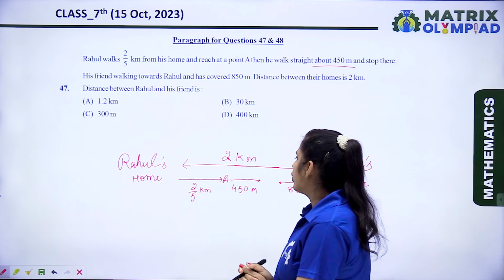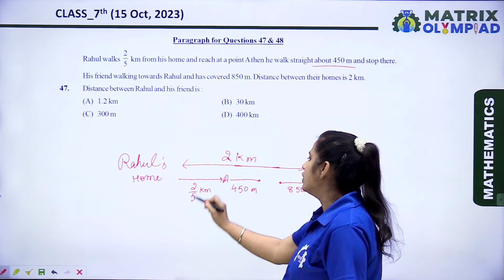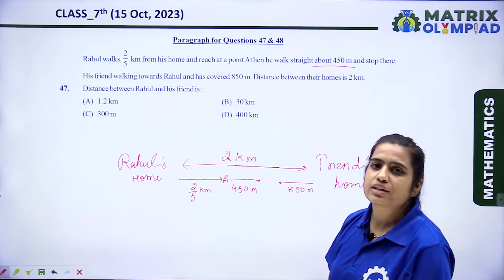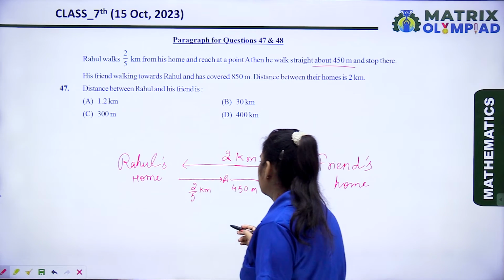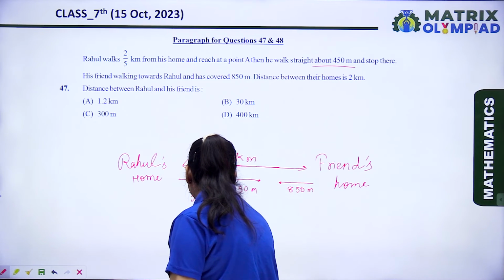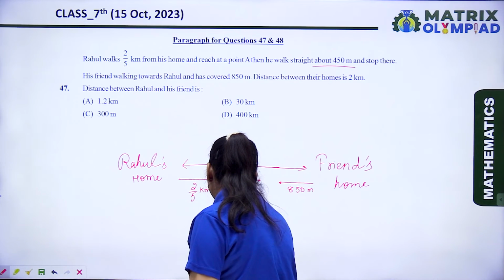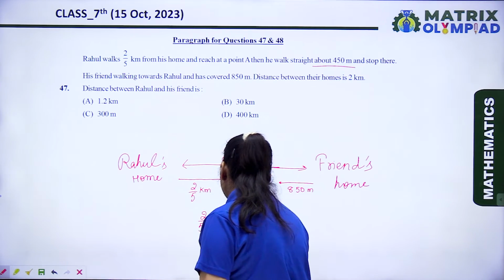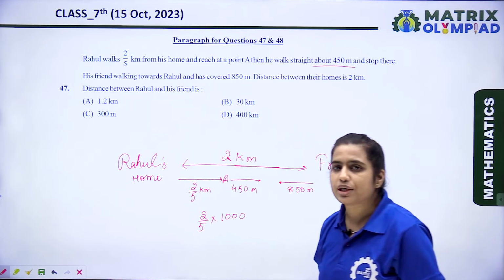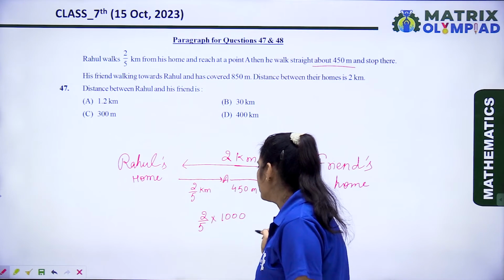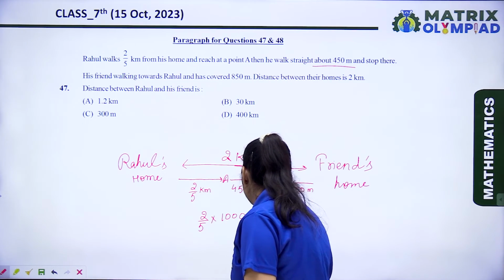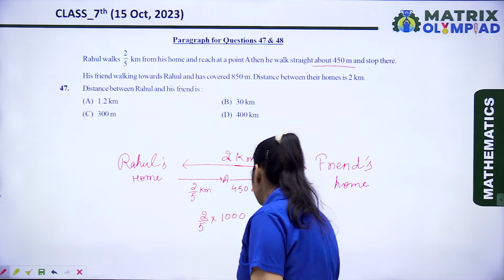Now here what we have to do? We have to first find out the total distance covered by Rahul. So here 2 by 5 multiplied by 1000, because 2 by 5 is in the kilometer form and we are converting it into meter, plus 450.